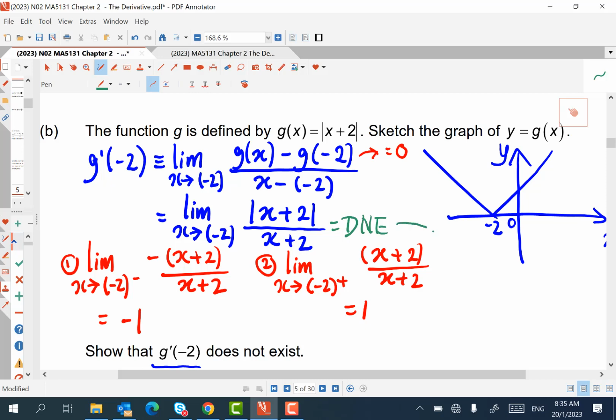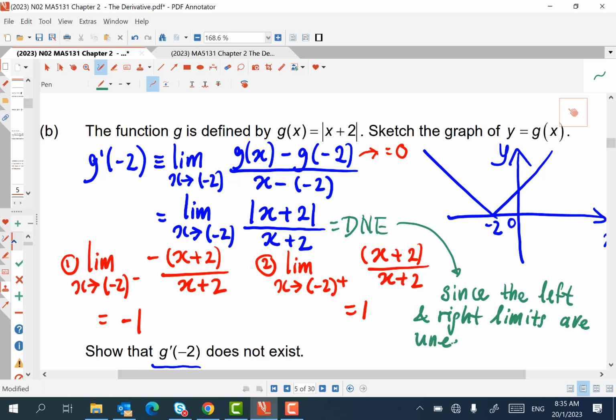Okay, so the important reason is that the left and right limits are not equal to each other.